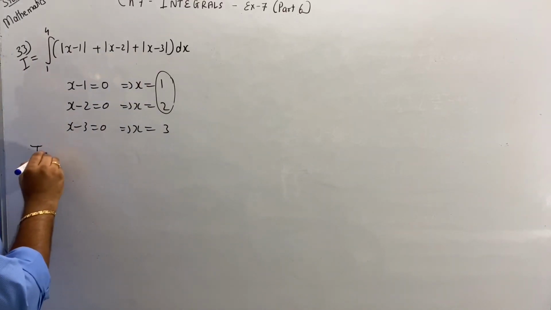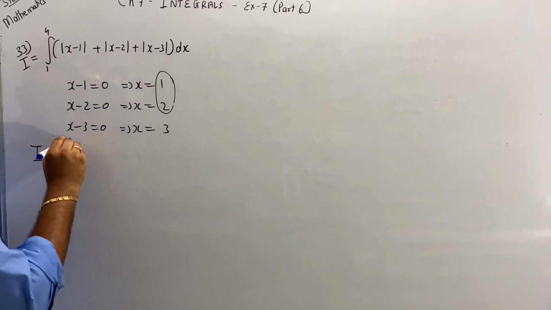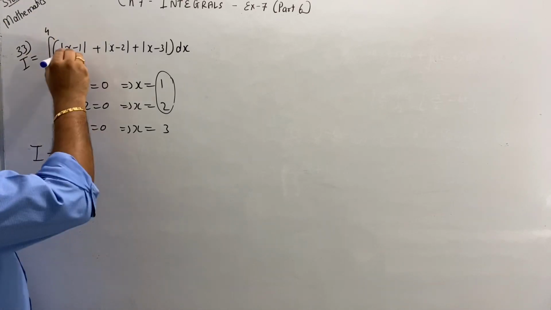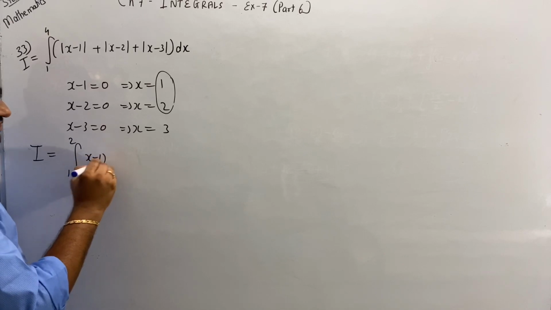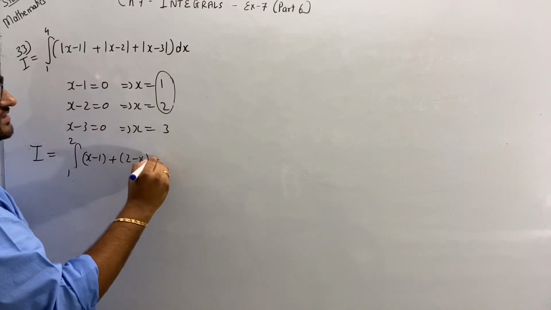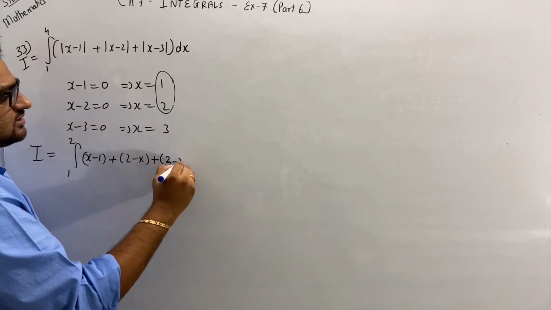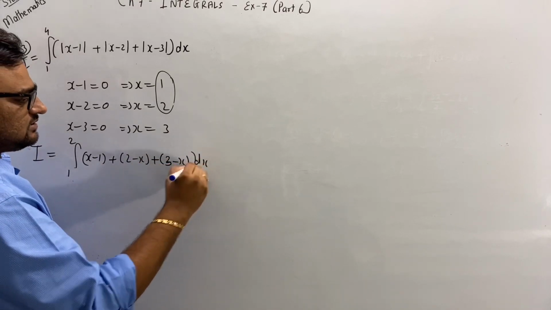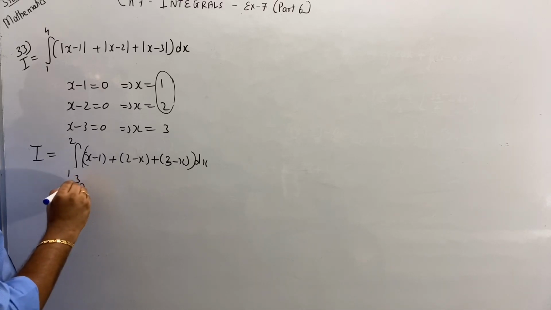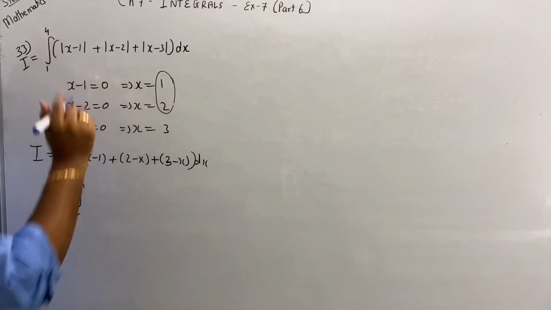So I have to solve it by three ways. 0 to, sorry, it's starting from 1, so 1 to 2. This is positive, so x minus 1. Both negative, 2 minus x, 3 minus x. Plus 2 to 3. From 2 to 3, these both are positive.